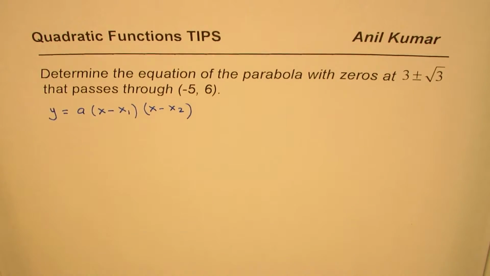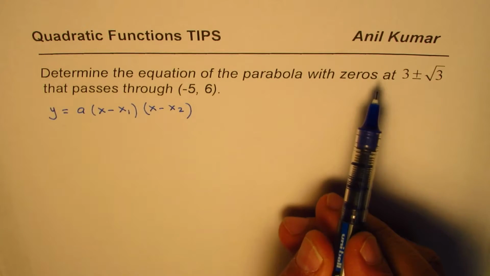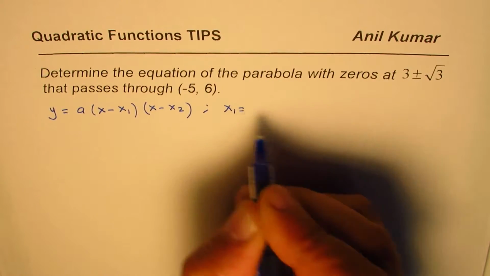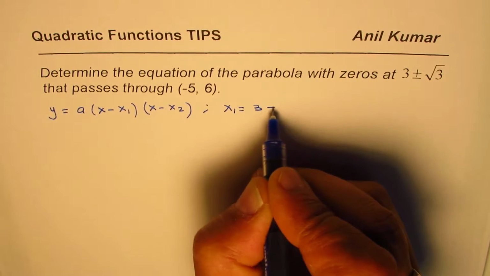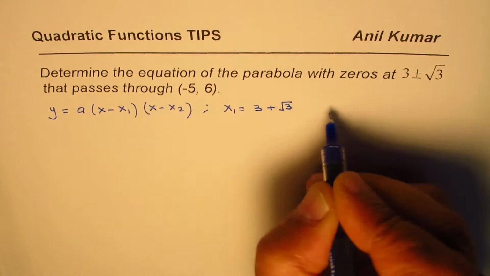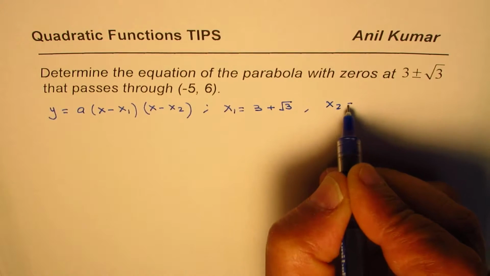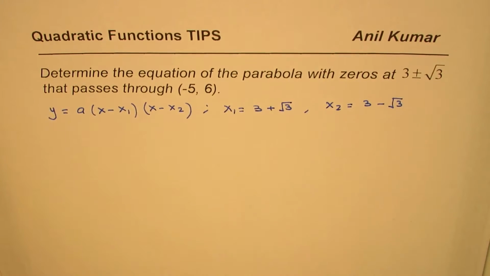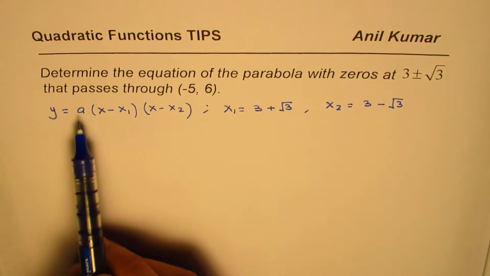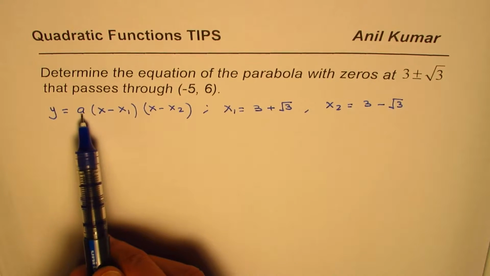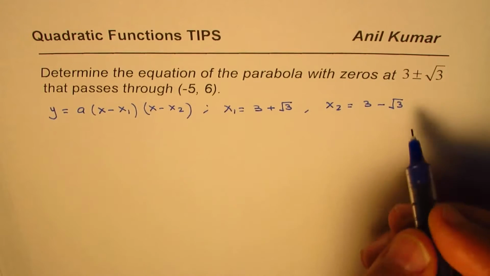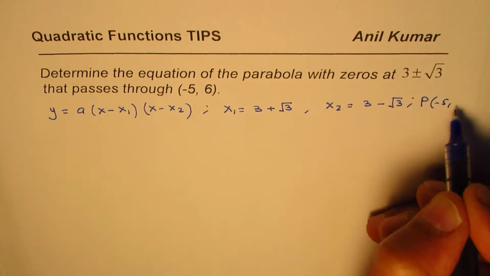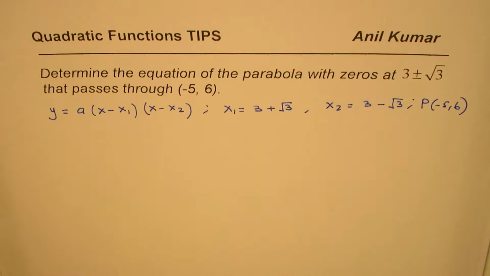These x-intercepts are the zeros, and in our case x1 is 3 plus square root 3, and x2 is 3 minus square root 3. So two zeros are given to us. We also need to find the value of a, which we can do since it passes through a particular point, let's say minus 5, 6. That is the information given to us.